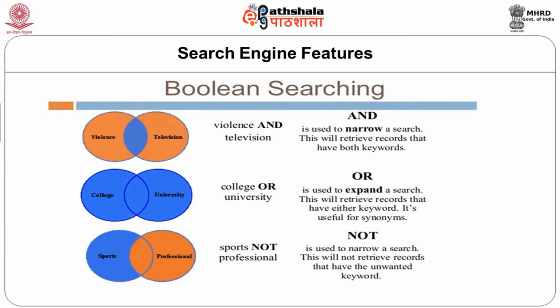They are used by some kind of a symbol like using plus or minus operators, and these are combined with keywords to really indicate what is the keyword required and in what combination it must be required. There are other options to select all the words as it is offered in Google. So that means we are specifying that all the words used in a particular search term are important and they should occur in the document retrieved.